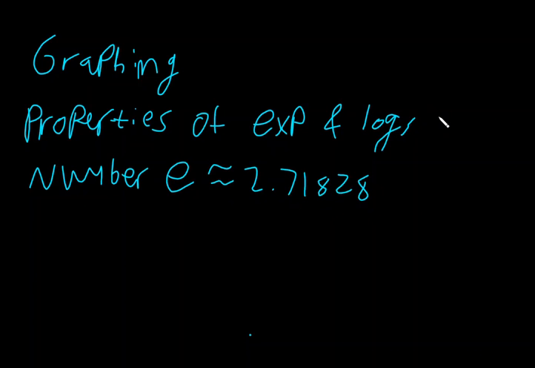Now, when I say properties of exponents and logs, it's going to be stuff like this. x to the a plus b is equal to x to the a times x to the b, right? Stuff like that. Or, the natural log of, and if you don't know what the natural log is, that goes along with the number e, so you should know what that is.